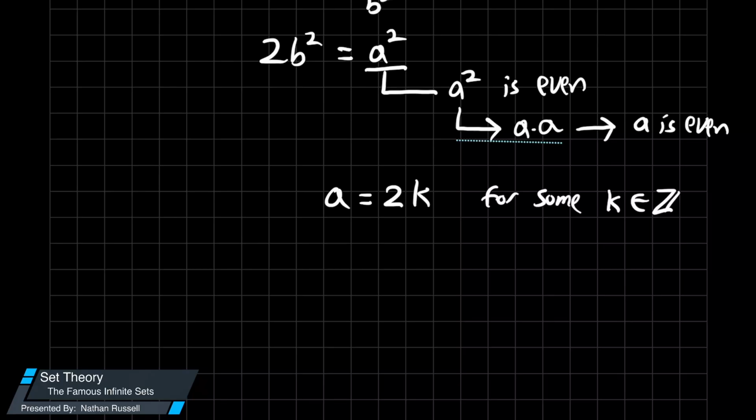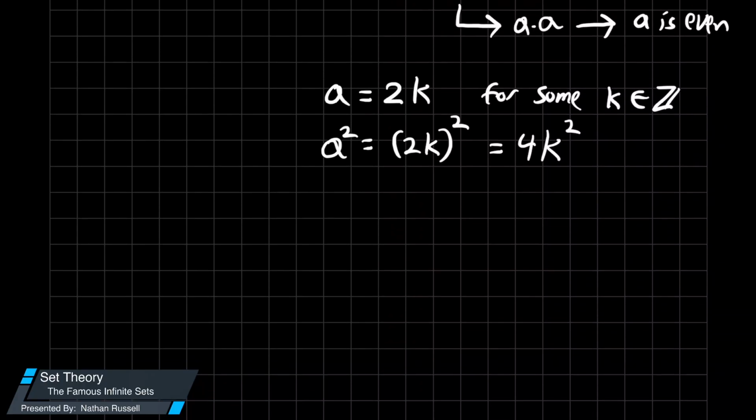Okay, but let's go back. We're not talking about a, we're actually talking about a squared now. So that means that a squared is equal to (2k) squared, and that is equal to 4k squared. Okay, so rewriting this, here's what we have. We have 2b squared is actually equal to 4k squared for some k in the integers.